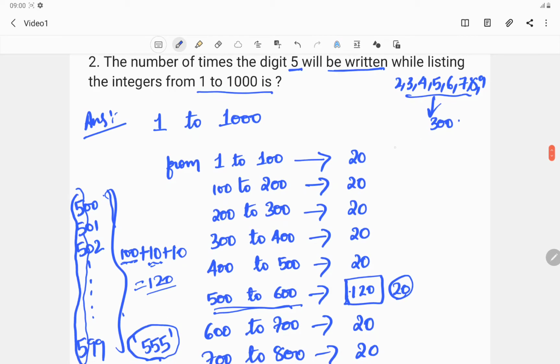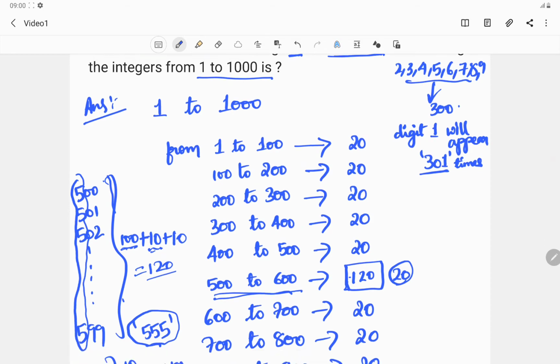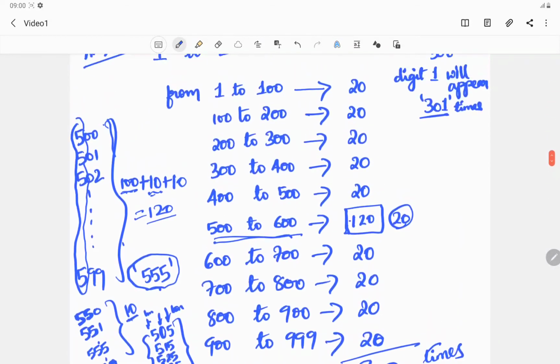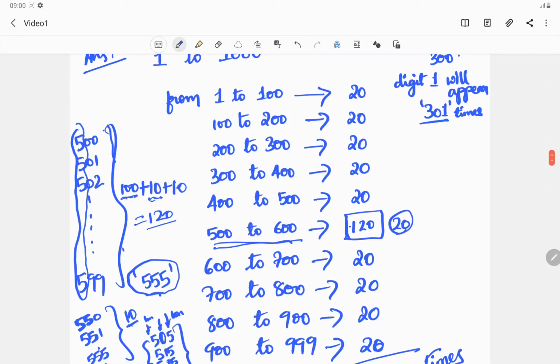How many times digit 1 will appear? So digit 1 will appear 301 times. This can be easily done if you go through this process again. You will get 301.